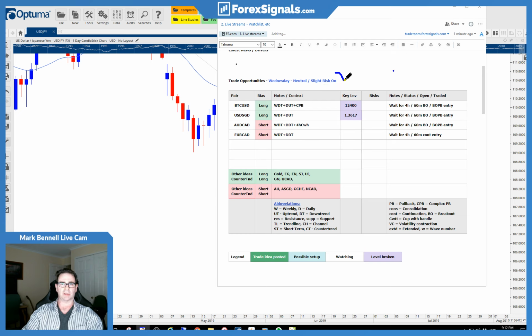But also, if this is risk off, quite often we may find that only a few markets are moving, in other words, the risk currencies, and some of the others are stalling out.